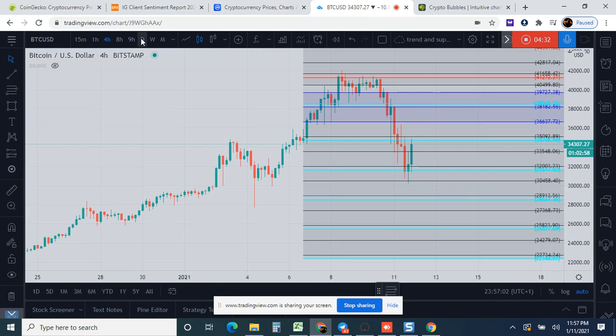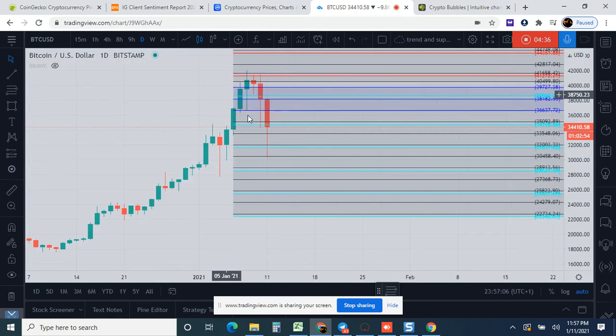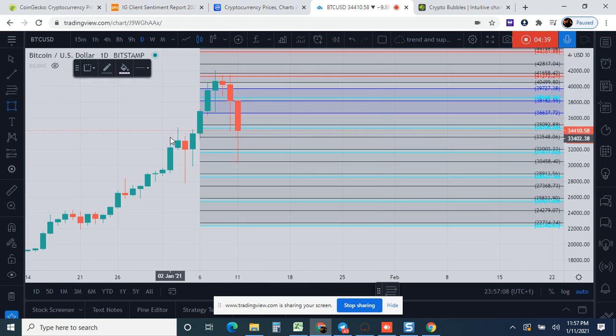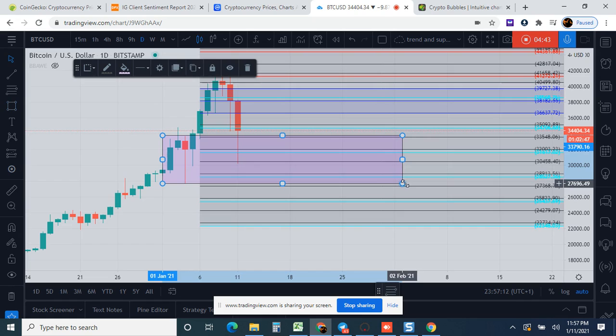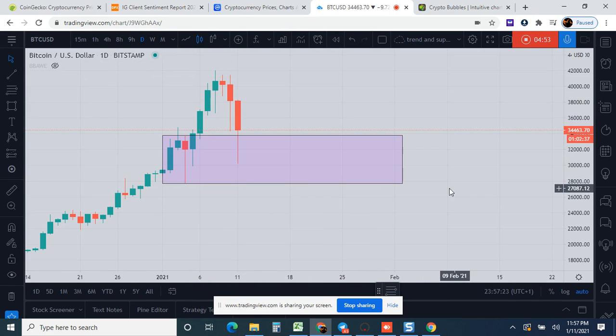Let's go back quickly to the daily. This region is a buy region, the bullish order block. So price traded again. Let's hide this, take this fib out for now. This is the bullish order block.